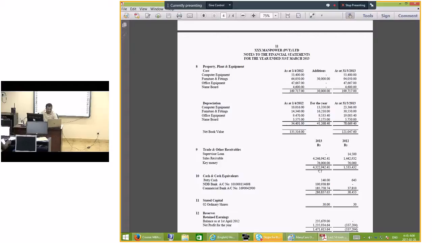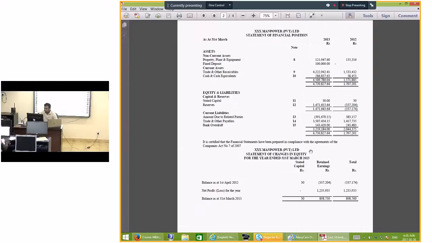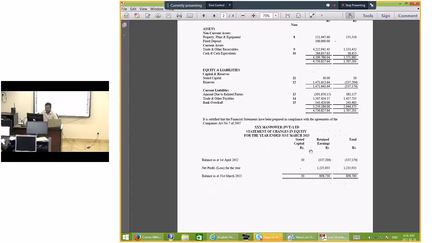The correct amount is 4,322,000, whereas the balance sheet shows 4,222,000. You have to check everything. It's another mistake.